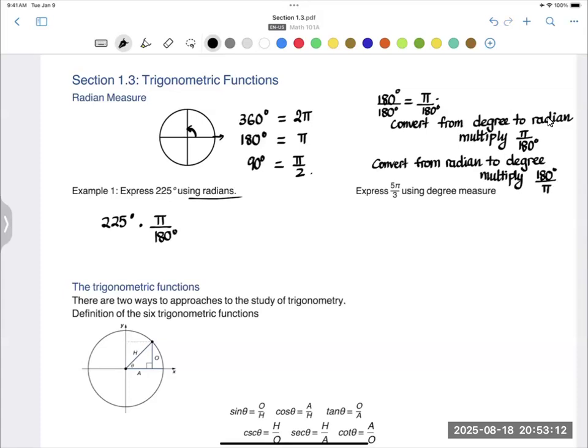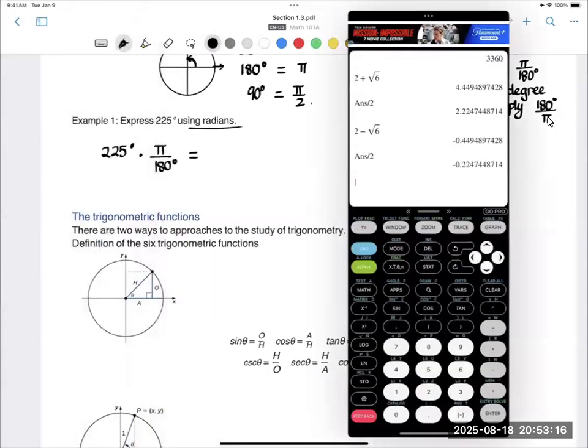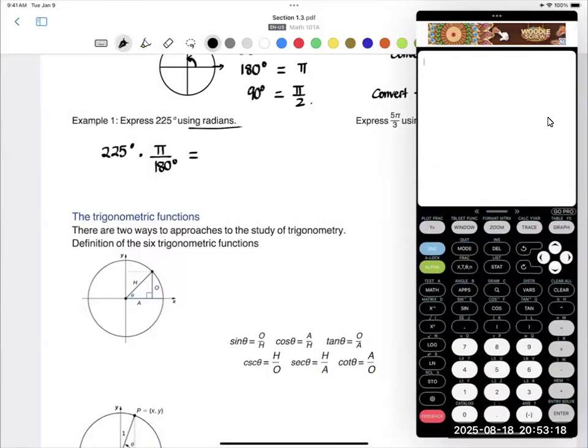When we do this, you can use a calculator to simplify. You don't need a graphing calculator for this; any basic calculator can simplify this. So 225 over 180, if we make it a fraction, gives 5 pi over 4. So 225 degrees is equal to 5 pi over 4 radian.